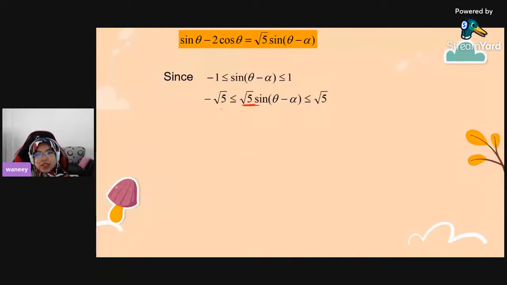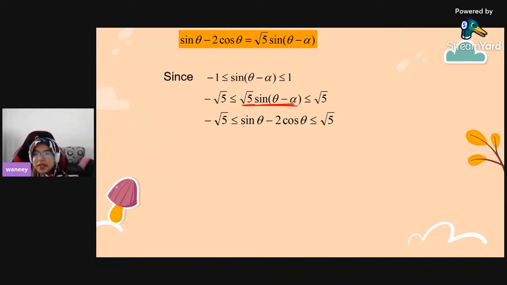So negative square root of 5 is less than or equal to square root of 5 sine theta minus alpha, less than or equal to 1 also multiplied by square root of 5, so you get square root of 5. And this one is actually sine theta minus 2 cos theta, so I can replace it with sine theta minus 2 cos theta.